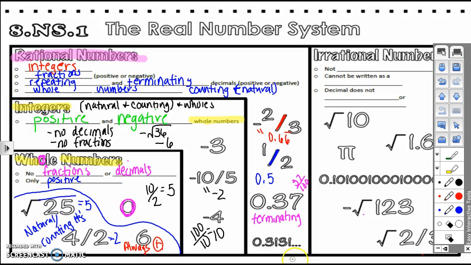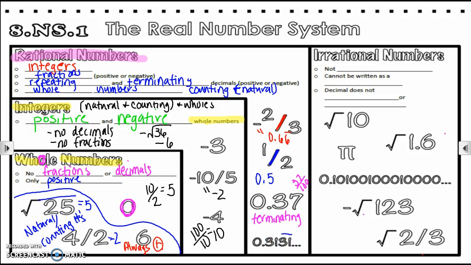0.3131, these dots mean that the number goes on and the 3-1 repeats as well. This would be considered a repeating decimal because the 3-1 repeats. So there you have it. Rational numbers are integers. I can easily say negative 49 divided by 7 is equal to negative 7.